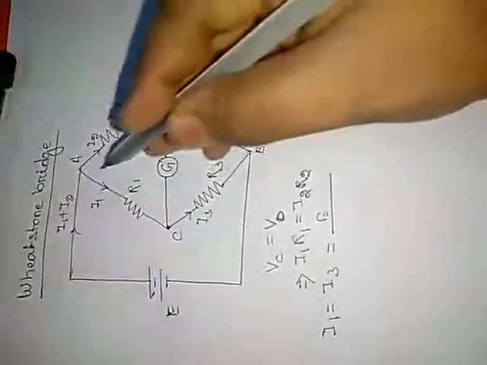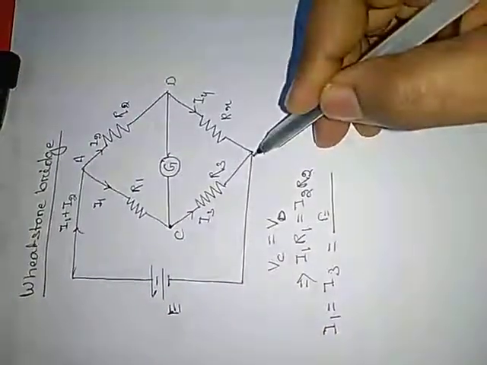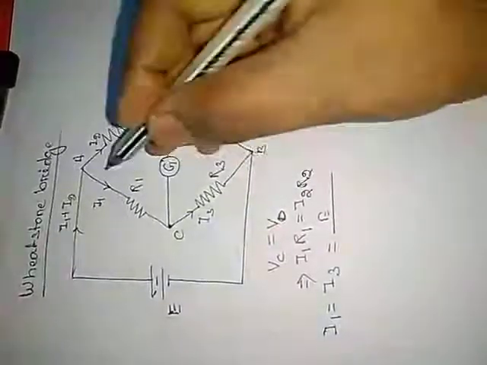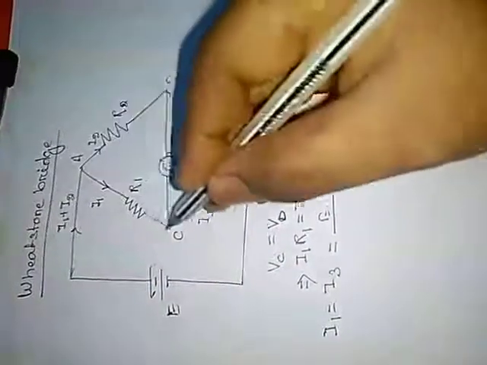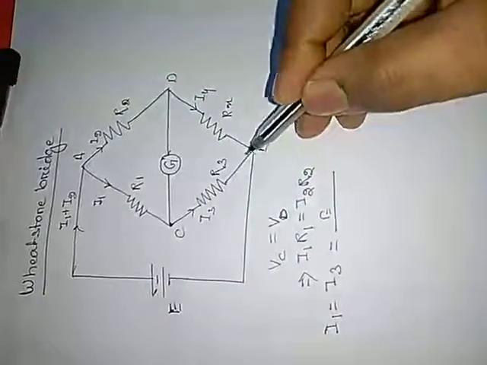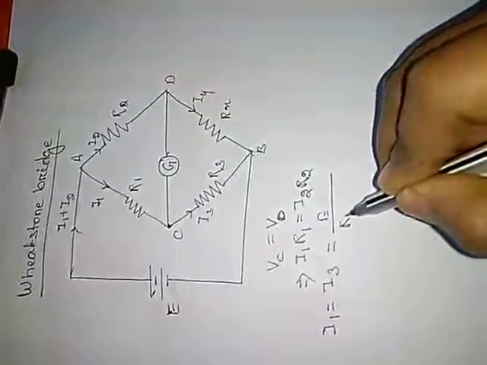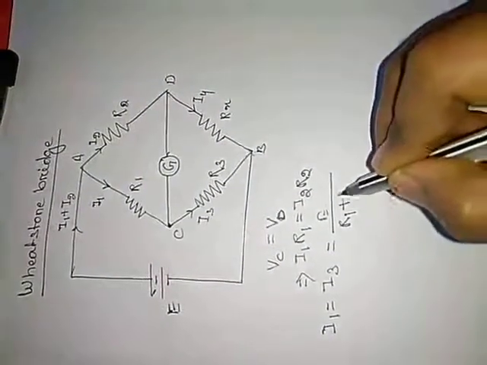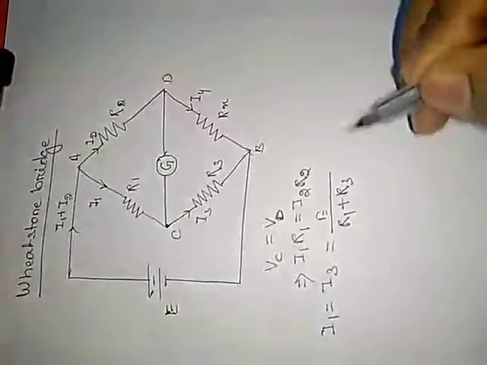E, where E is the potential difference across points A and B. To find the current through this path, the total resistance on that path is R1 plus R3.